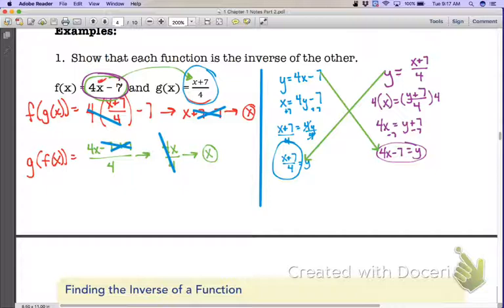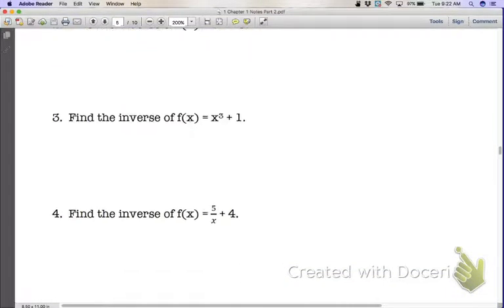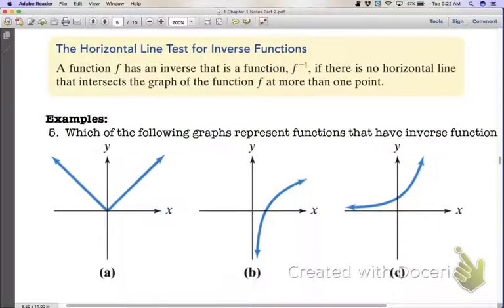Then, we already talked about this earlier as far as being one-to-one. Anytime a function is one-to-one, then it's going to have an inverse. So for it to have an inverse, it has to be one-to-one, which means it has to pass the horizontal line test. So does A pass the horizontal line test?